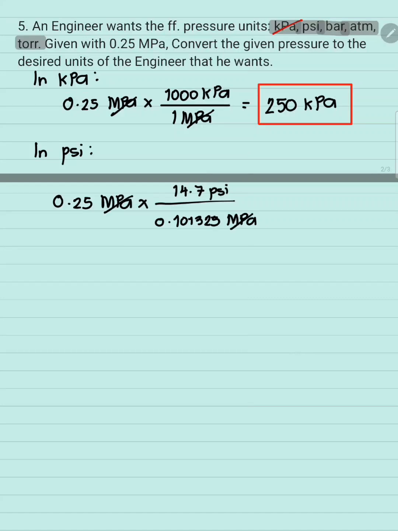Cancel megapascal units. This is 0.25 multiplied by 14.7 psi divided by 0.101325 megapascal, and we get 36.27 psi.